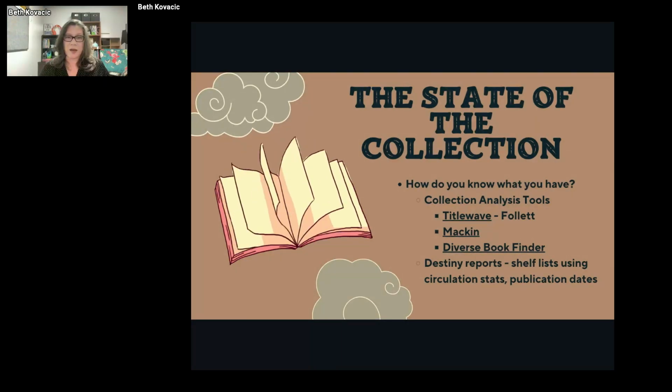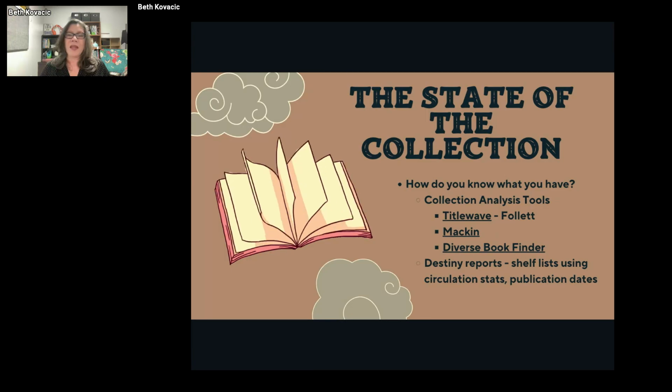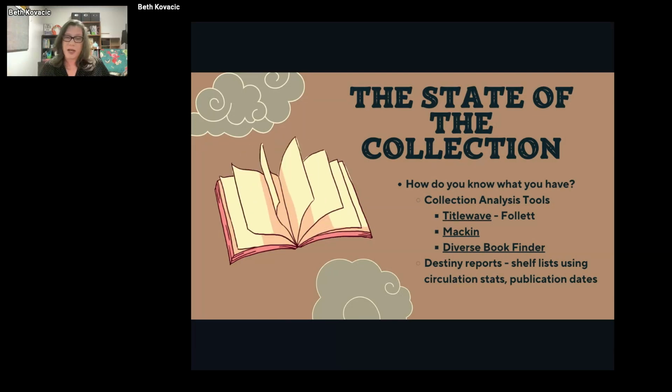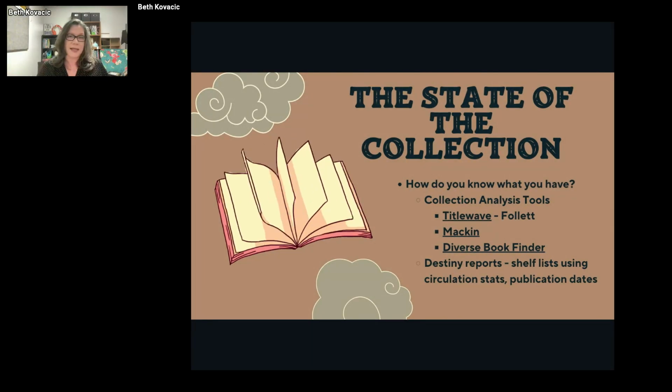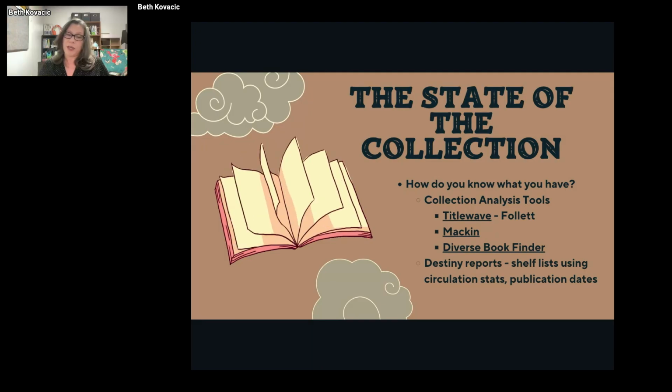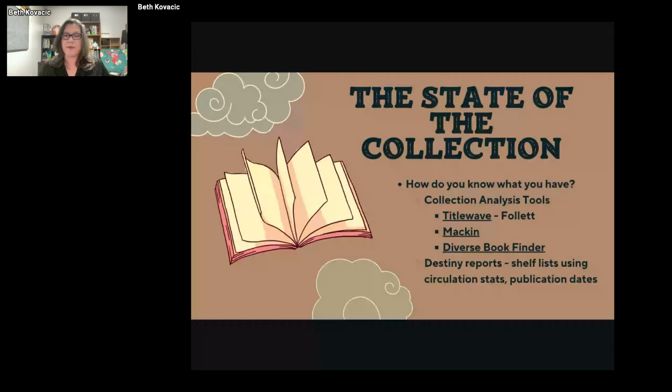Almost everything is clickable. I'll show you in a minute an example of mine. And you can learn where you have age titles, or maybe you have a whole lot of books in this section, but not as many in this one. Or maybe you find out your collection overall is at too high of a reading level, or maybe not high enough. Maybe you're lacking at the high end.